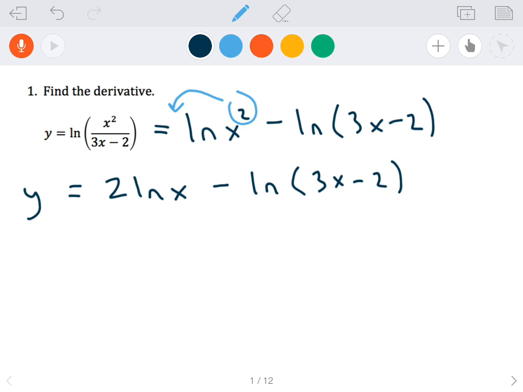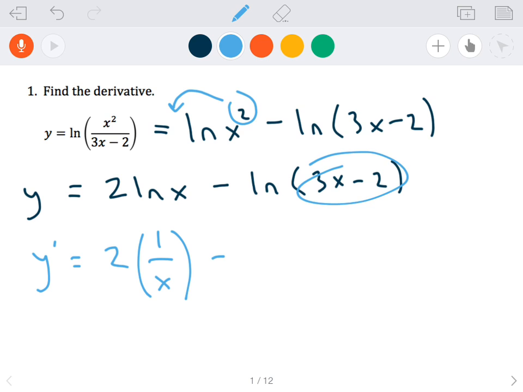Now this looks much more pleasant to take the derivative of. Y prime equals, that's just a coefficient, so I'll carry that along too. And the derivative of the natural log of x is just 1 over x, minus, and then the derivative of the natural log of a function is just that function on the bottom with its derivative on top, following that pattern of u prime over u, where this is u.